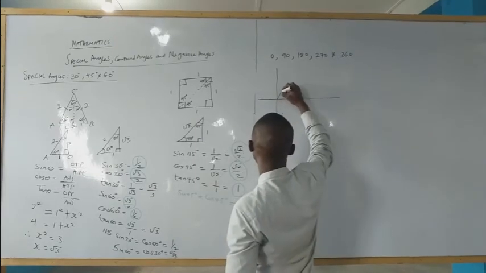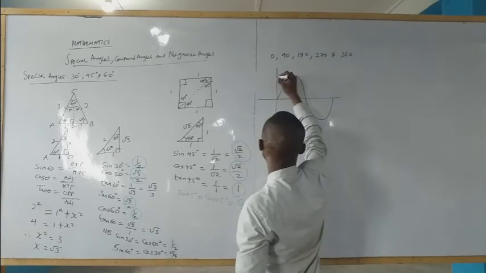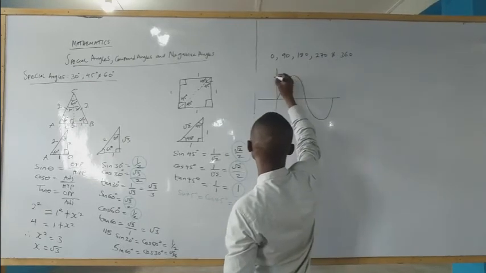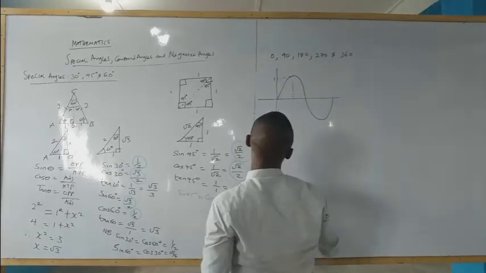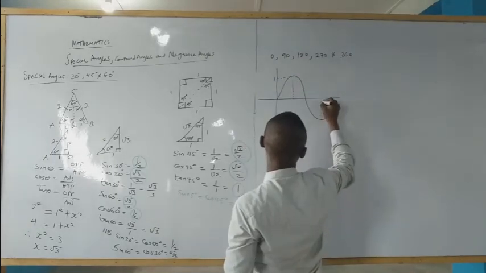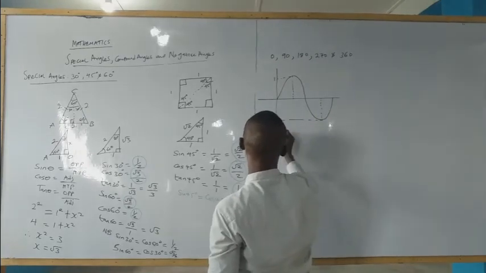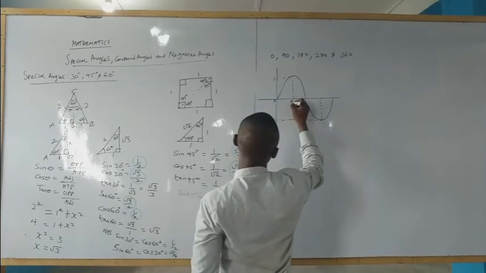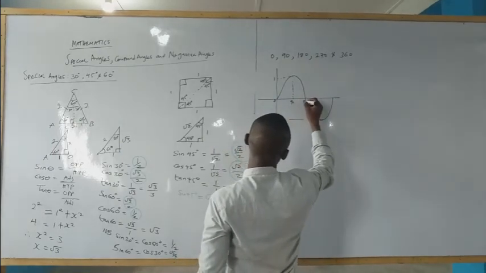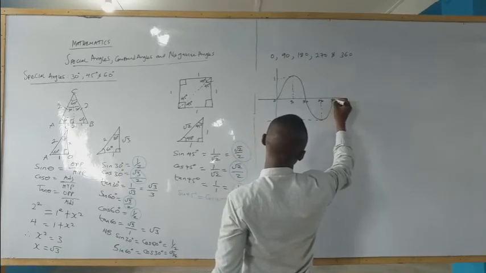From here, our sine graph is thus. Here we have 1. Here we have minus 1. So from here we have 0, 90, 180, 270, and 360.